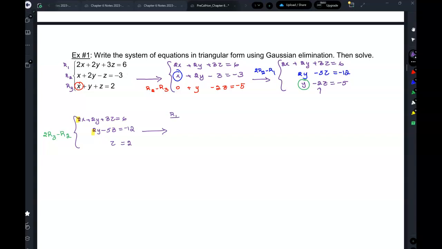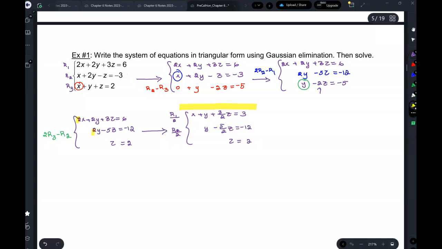I do row 1 divided by 2. So I get x plus y plus 3 over 2z is equal to 3. I do row 2 divided by 2. y minus 5 over 2z is equal to negative 12. And then this is the same.